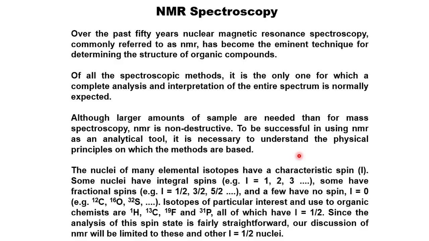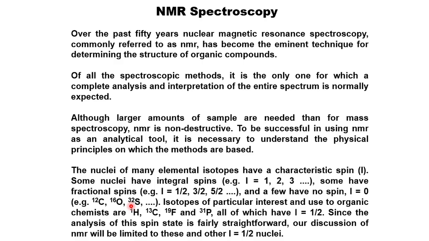And some nuclei have spin 0, where the number of protons or neutrons is paired, that is, an even number of protons and an even number of neutrons. For example, 12C and 16O all have paired, or even, numbers of protons and neutrons. These elements will have no magnetic spin.